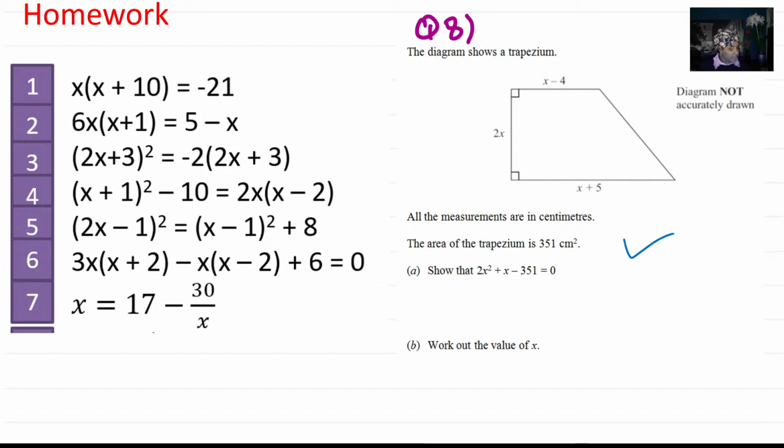All right, so that's your homework. And next week, what we're going to do is completing the square, and we're going to learn how to put it in completing square form, and then we're going to find the turning points. Okay, so Mohammed, you do need to be here because now you are heading to year 10, so it's good to learn now.